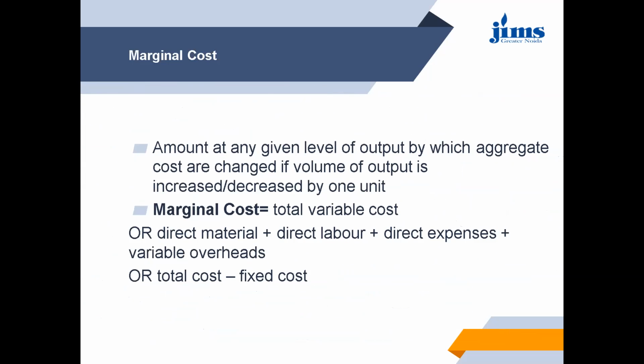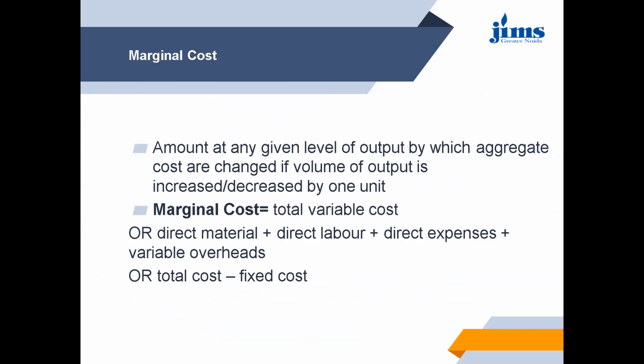Now, marginal cost means the amount at any given level of output by which aggregate costs are changed if the volume of output is increased or decreased by 1 unit. So, marginal costing is a technique, and marginal cost is the amount. It is the change in cost due to change in output, if the output is increased or decreased by 1 unit.